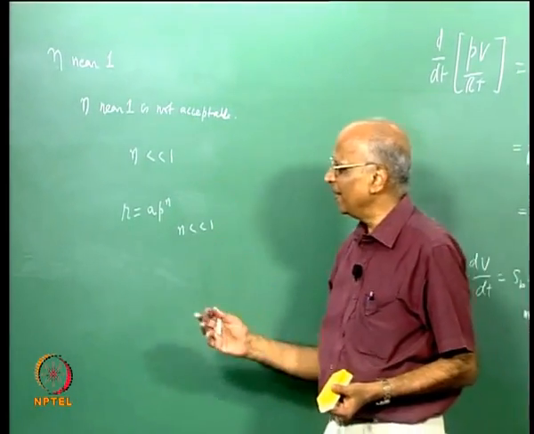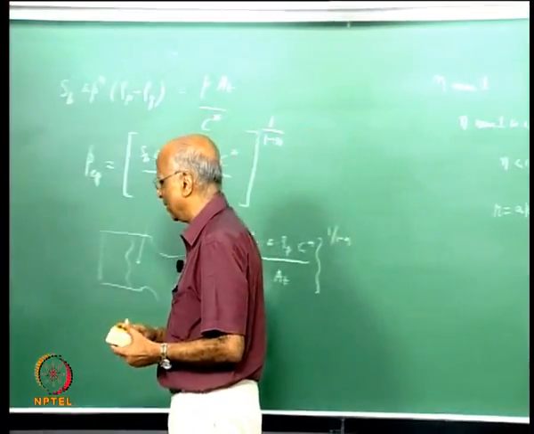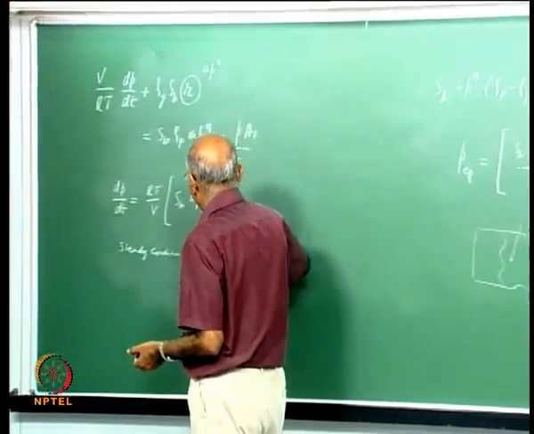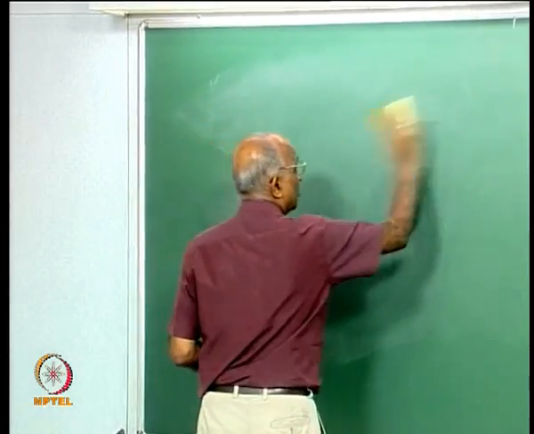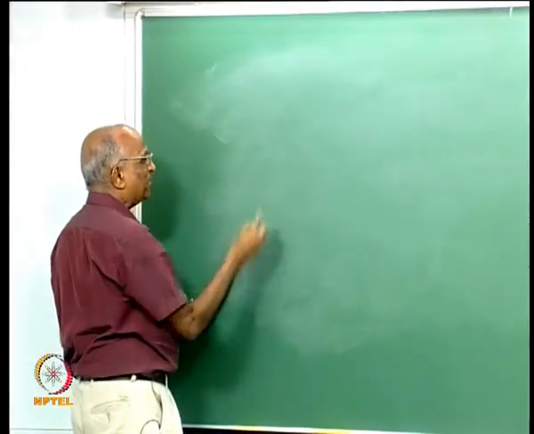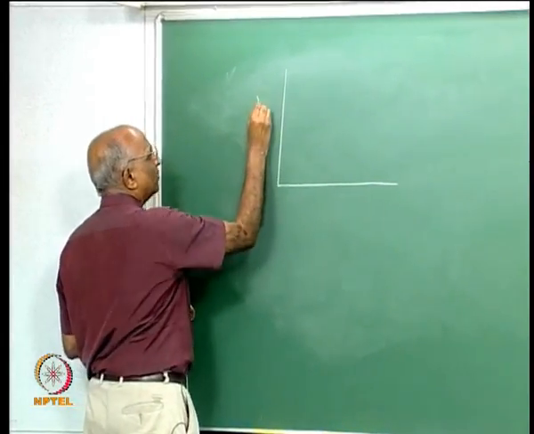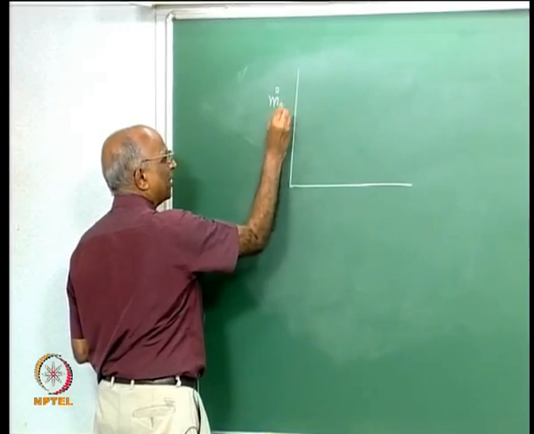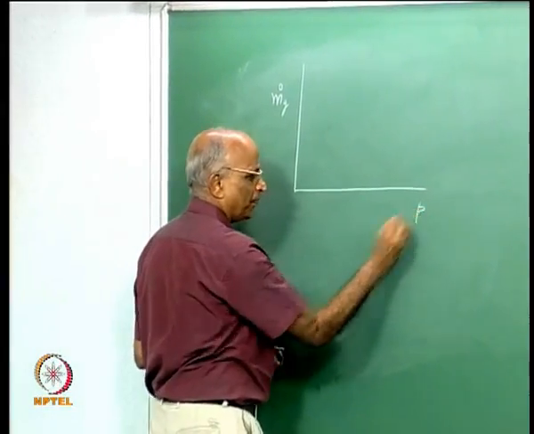Well, having said that, I can also use the same thing in a slightly different format. I can look at the value of n which is desirable. Let us do it graphically. It will take me just a couple of minutes, let us just do it together. Let us say I have the mass generation rate of propellant as a function of pressure.